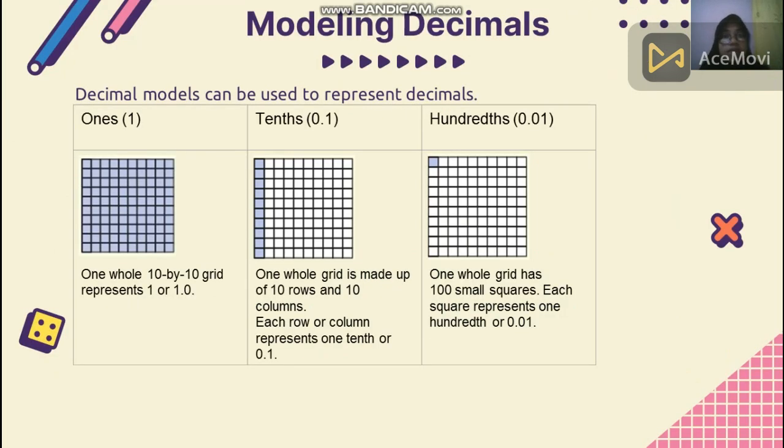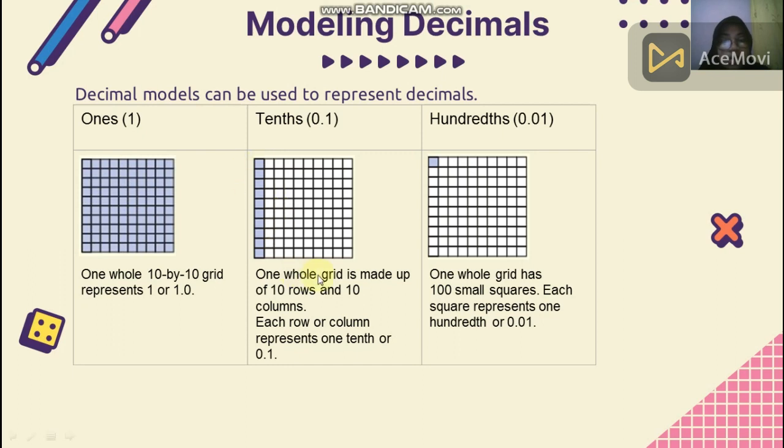1. Modeling decimals. Decimal models can be used to represent decimals. One whole 10 by 10 grid represents 1 or 1.0. Tenths, or 0.1: one whole grid is made up of 10 rows and 10 columns.